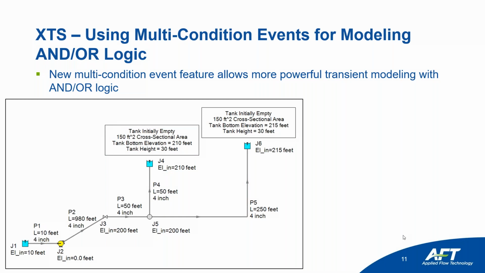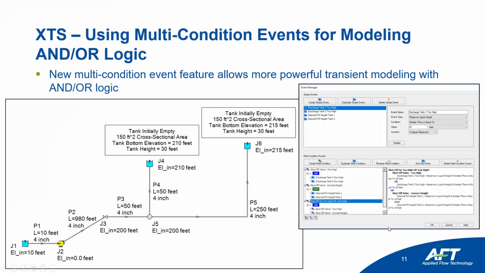So here's my scenario. In this particular model, I have a valve that I want to shut off for two different reasons. My desired liquid height that I need in my tank is 15 feet. The tanks are 30 feet high.